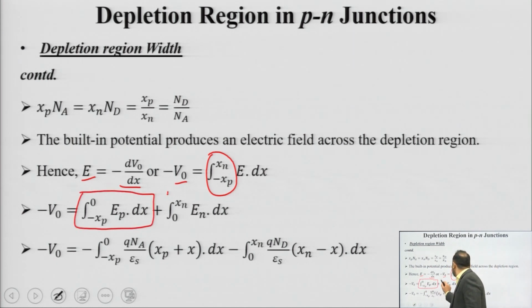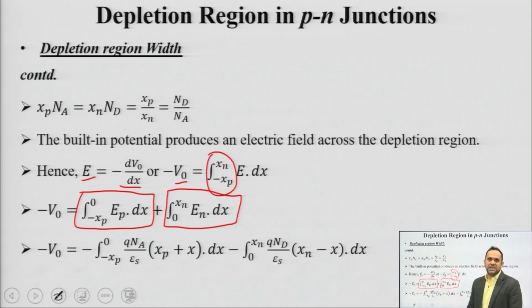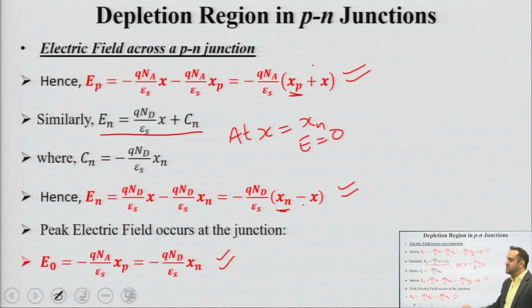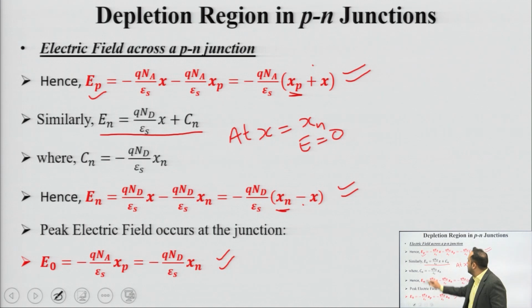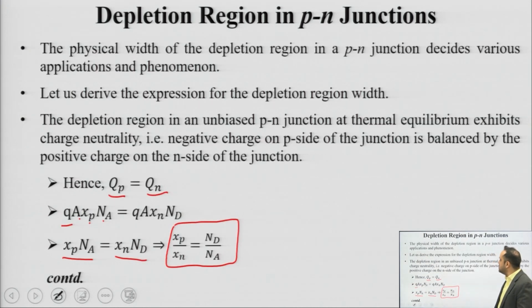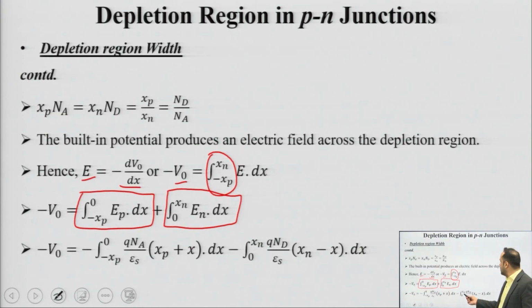This is the p side and this is the n side. From minus Xp to 0, p side, from 0 to Xn, n side. And we have the expressions we have just derived for Ep and En. Substitute these expressions here and you are going to get a simple integral in x.